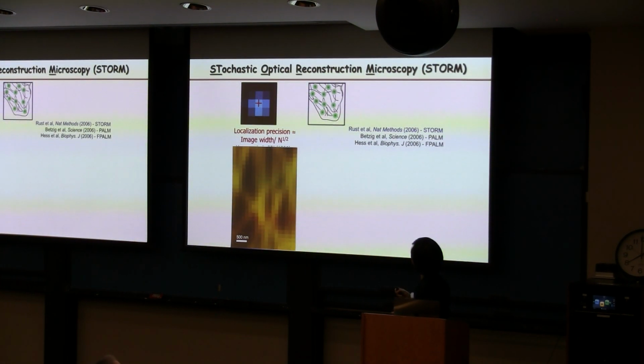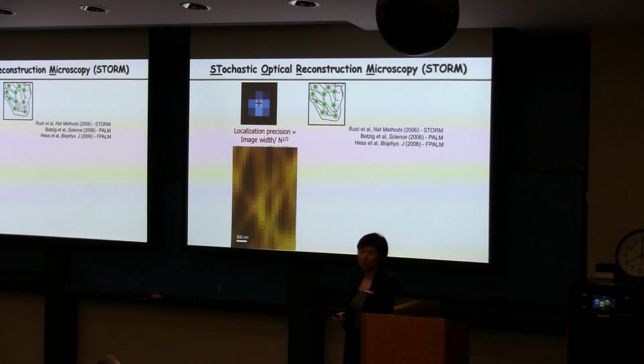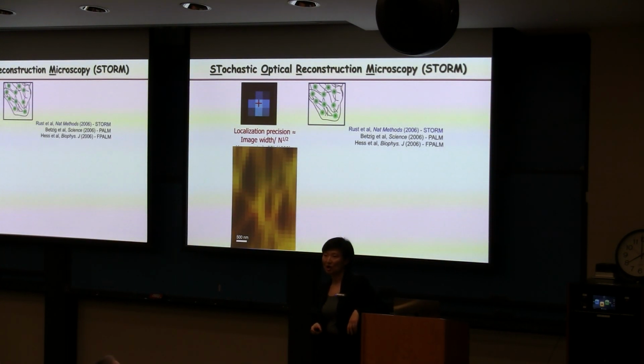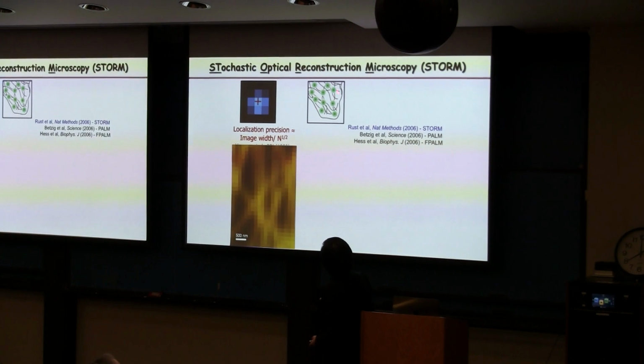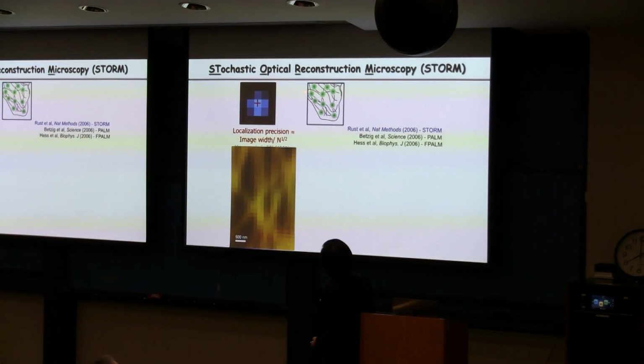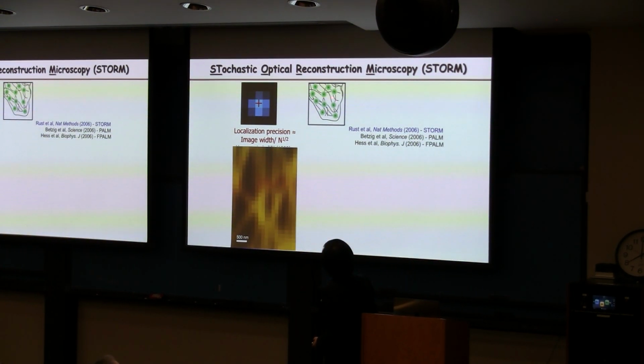So how do you solve that problem? More than a decade ago, we and others came up with the idea of using what we call the 4th dimension, or the time dimension, to solve the problem. The idea is we do not turn on all the molecules simultaneously. We turn on a subset of the molecules, such a small subset that their images no longer overlap, and that allows you to pinpoint their center positions.